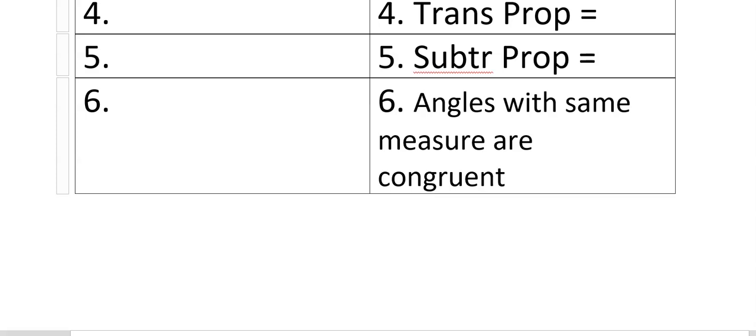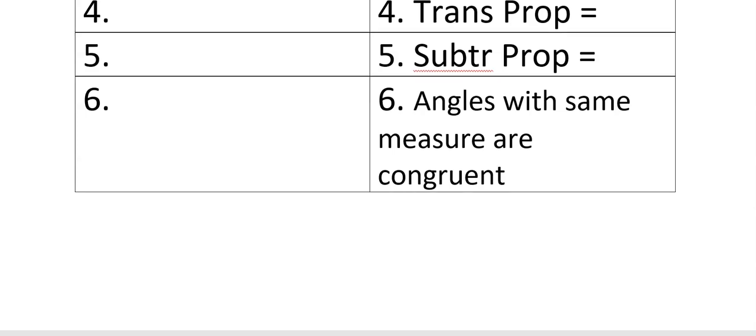Last statement: angle 1 congruent to angle 3. Even if you had no other ideas what to do, always do the first step and always do the last step. The only thing we wouldn't know at this point would be the reason for number 6.